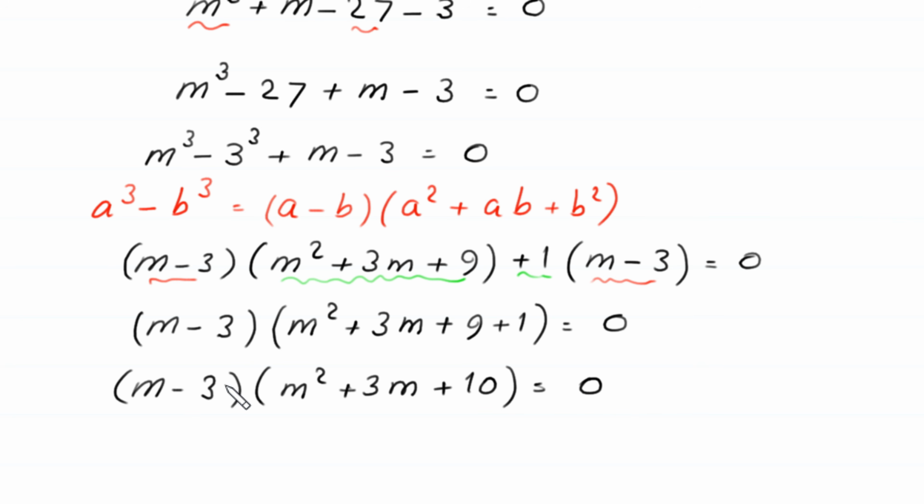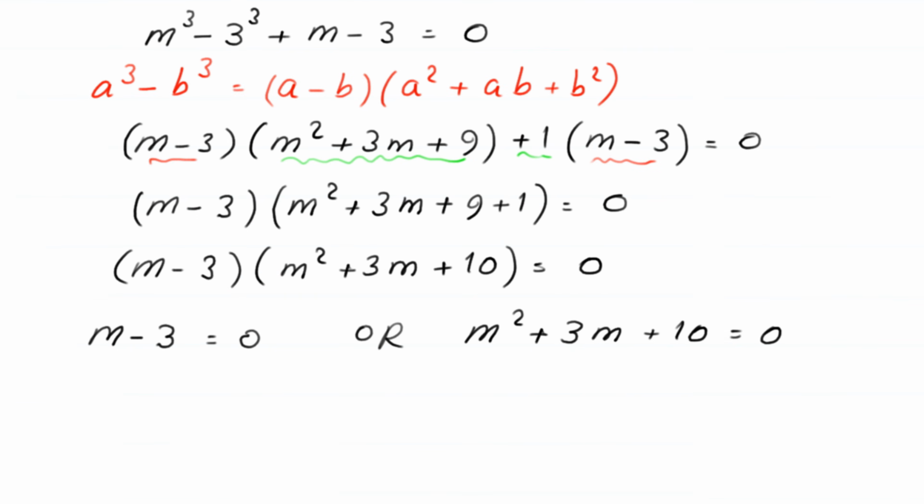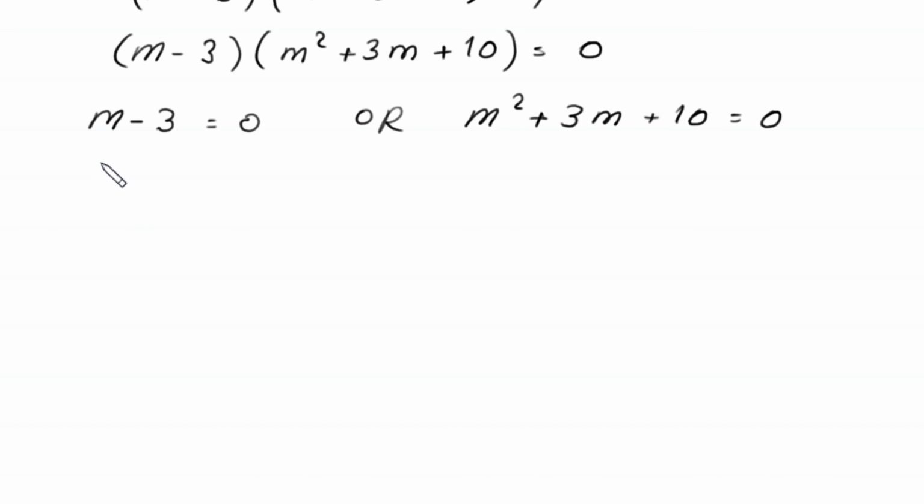From here either this expression m minus 3 is equal to 0, or this expression m squared plus 3 times m plus 10 is equal to 0. From this equation we get the value of m is equal to 3.